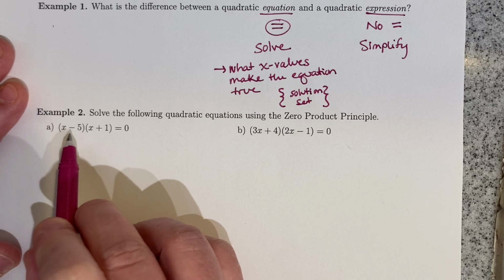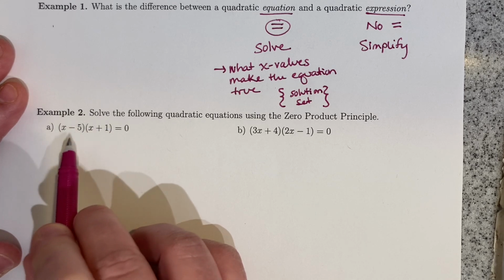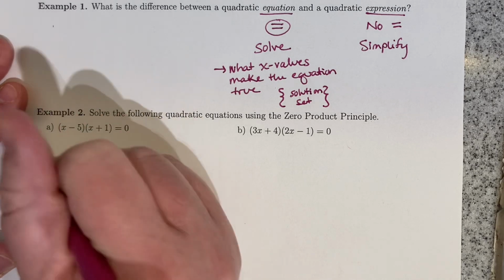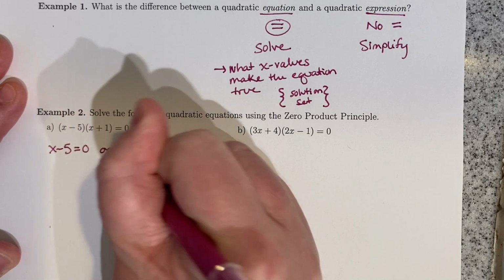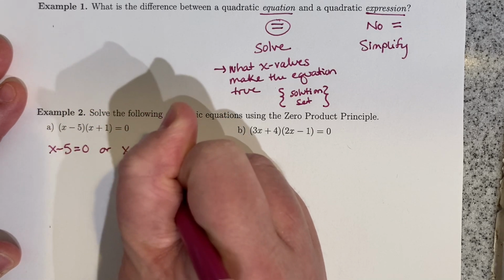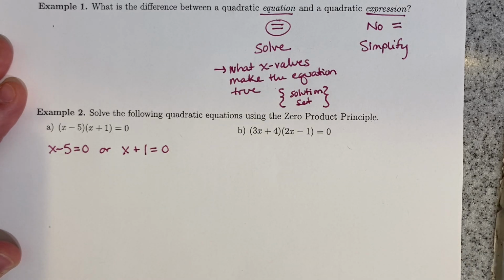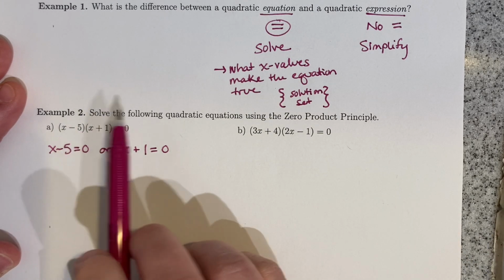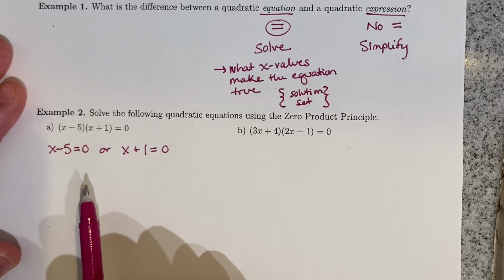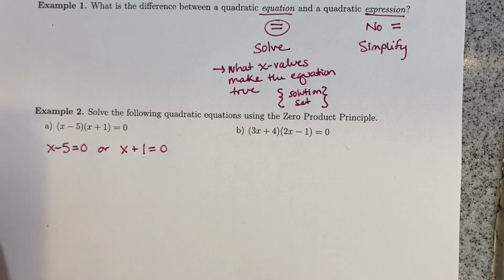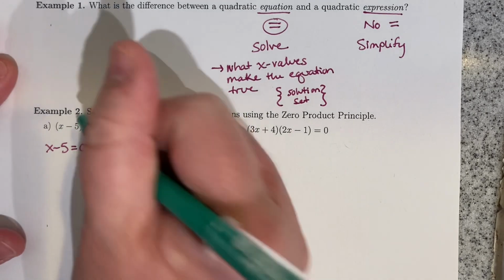And what we know is if two expressions multiply and give us 0, then either the first factor equals 0 or the second factor equals 0, or both. The only way to multiply and get 0 is that one of the two numbers has to be 0. Well, now this is just solving for x, right? It says solve.